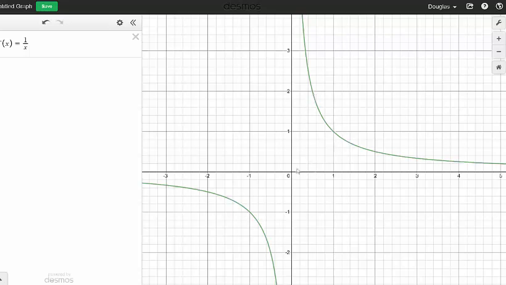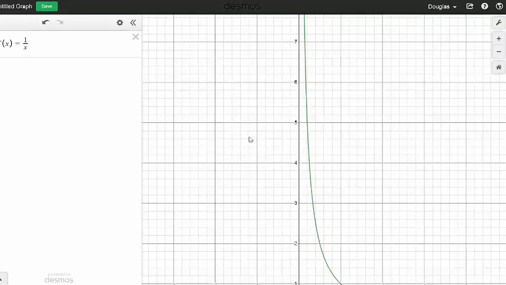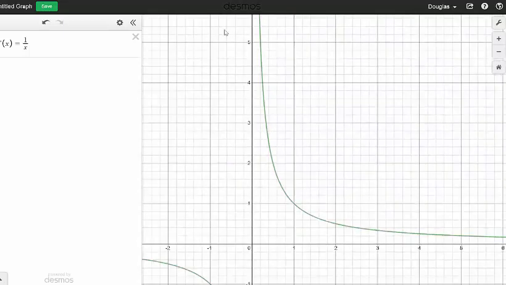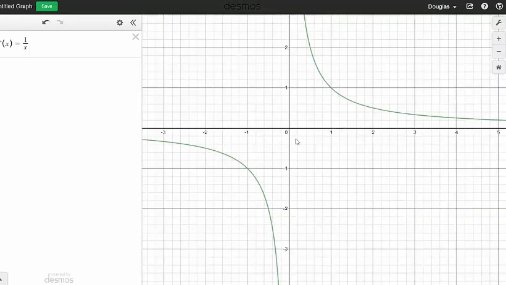If you plug in 1 divided by 10, well, then your output will simply be 10, which is way up here. And so you note that it's shooting up faster and faster and faster the closer you get to 0. And then also note, the same is true if you approach 0 from the other direction over here.